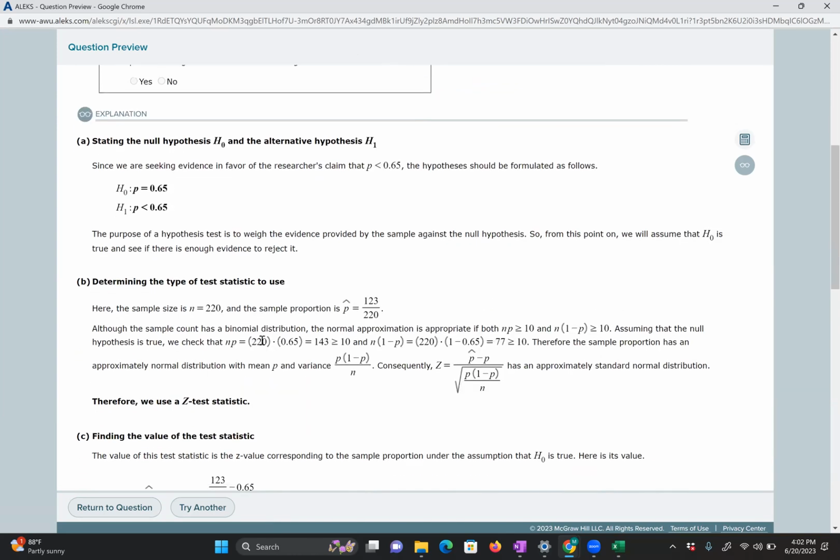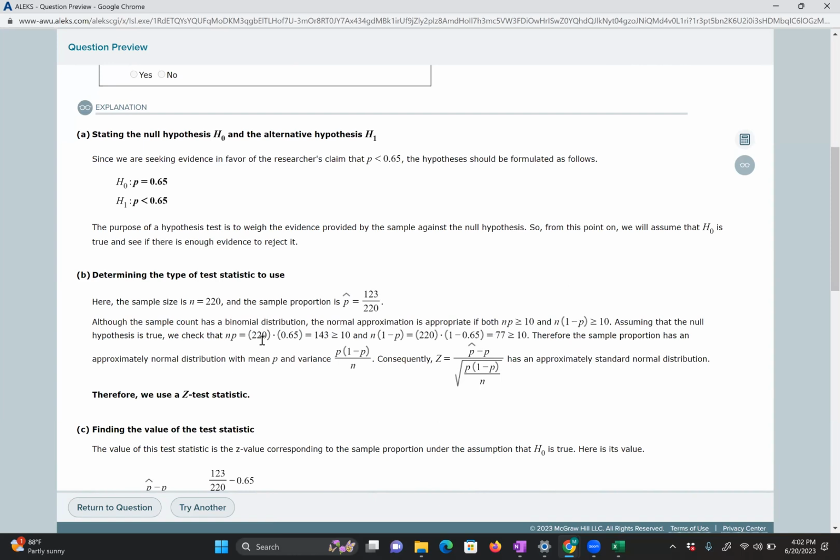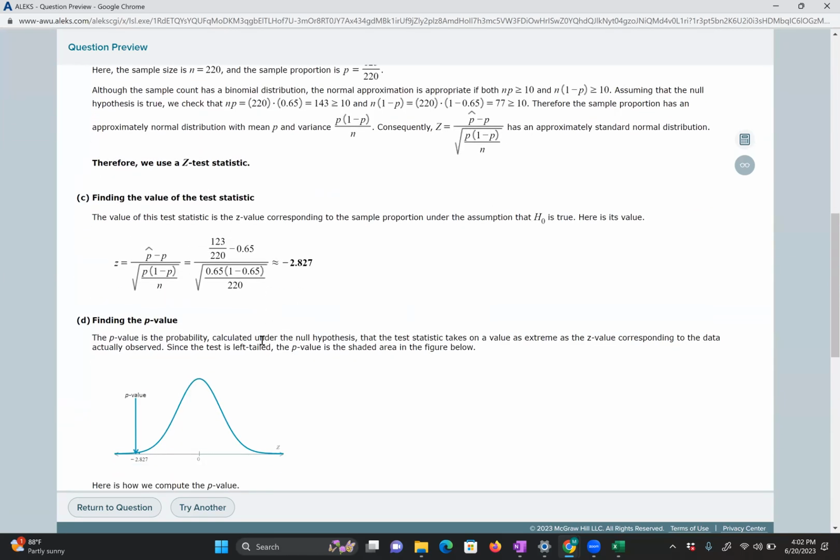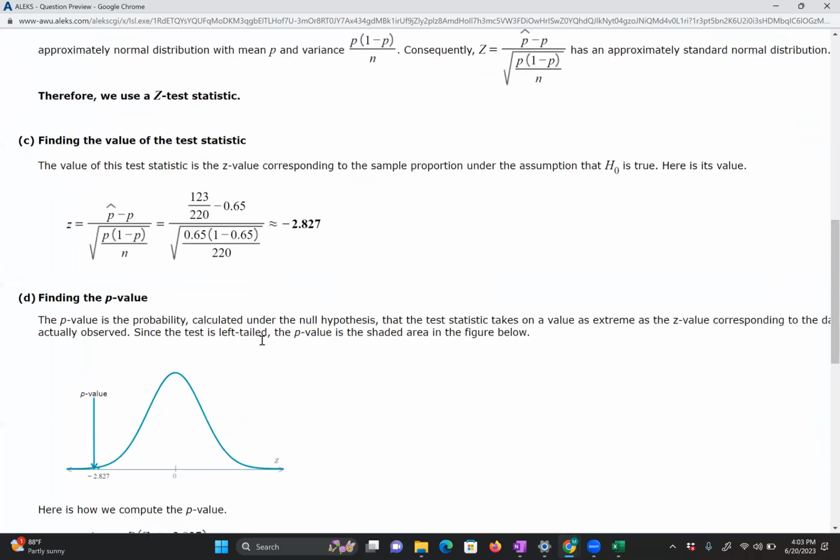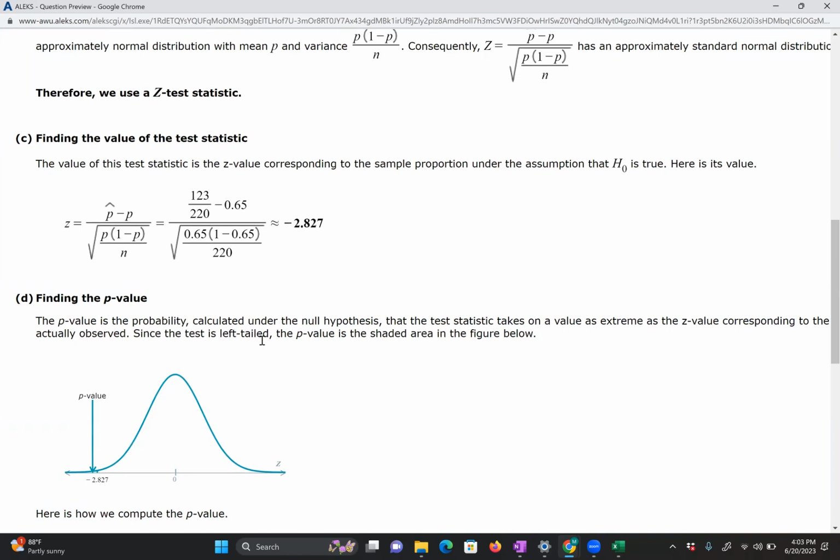So 0.65. Remember I mentioned 0.35? So look at the explanation. And it is negative 2.827, like I said. Just take a minute. Take your notes if you need to. Just write it down.